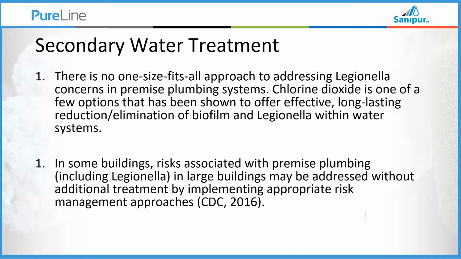Some buildings, just reviewing your systems, your water management plan, how you flush your systems can be enough to eliminate your risks. But in a lot of old piping systems, and depending on the water supply in that area, it's often not enough. So, secondary water treatment is not required, but in a lot of applications, it's the only way to keep these pathogens out of the water system.